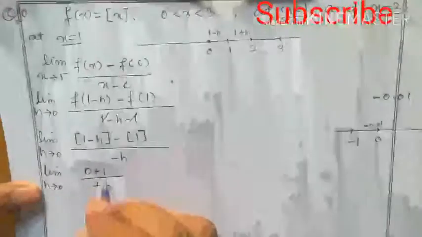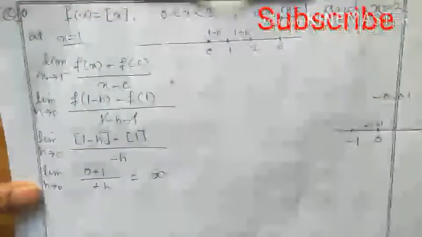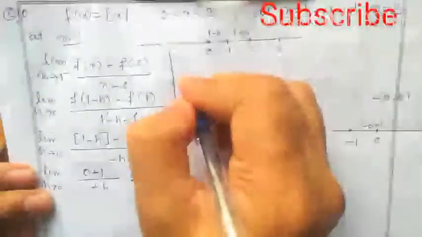What is the associated value of this? Minus 0.01. You can draw a number line. This is minus 1 and this is minus 0.01, a little quantity. This is here 0. So what is the associated value of minus 0.01? Left side we have to check. This is minus 1. So 1 minus 1 is 0. So you can write here 0.